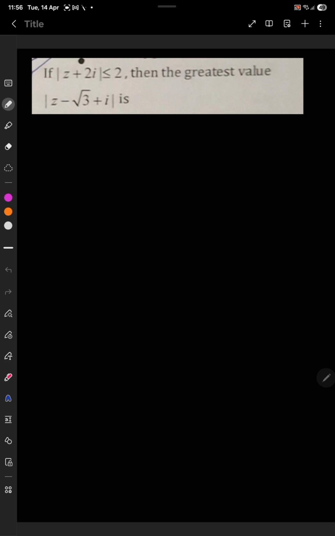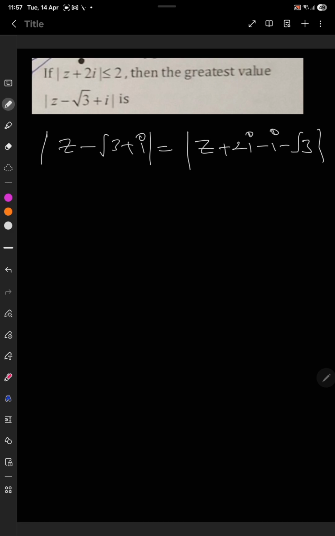In this problem, given that mod of z plus 2i is less than or equal to 2, then the greatest value, maximum value of mod of z minus root 3 i, it can be written as mod of z plus 2i minus i minus root 3.